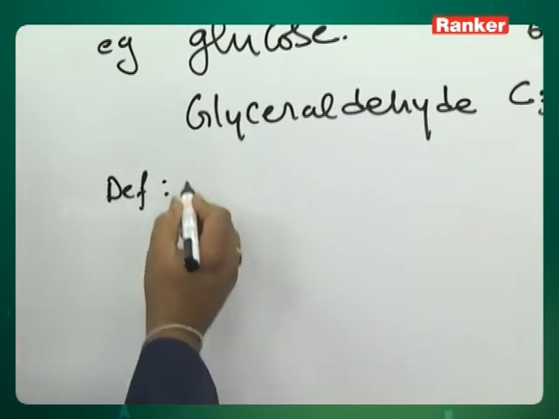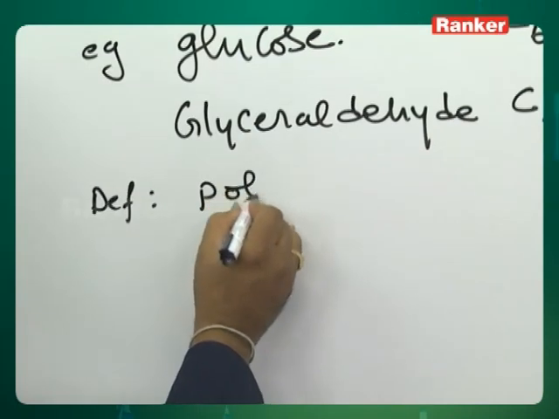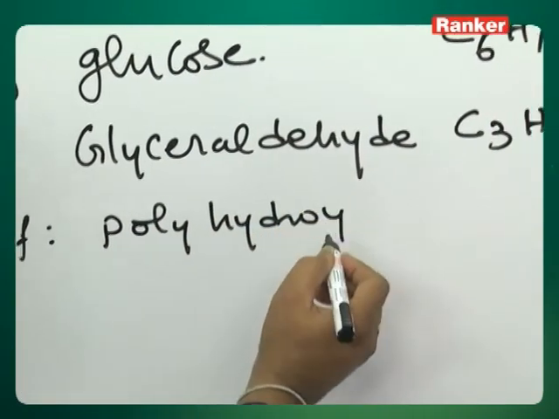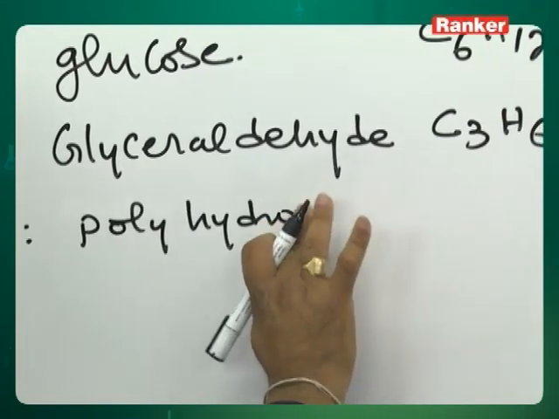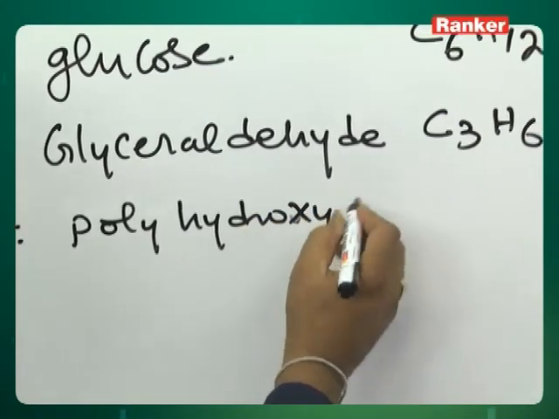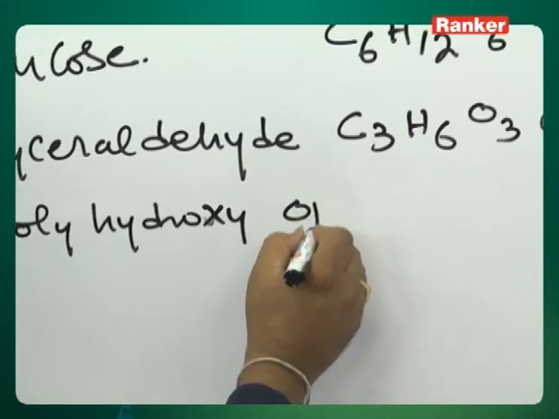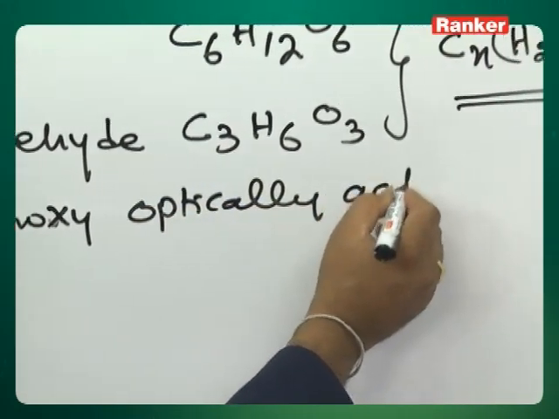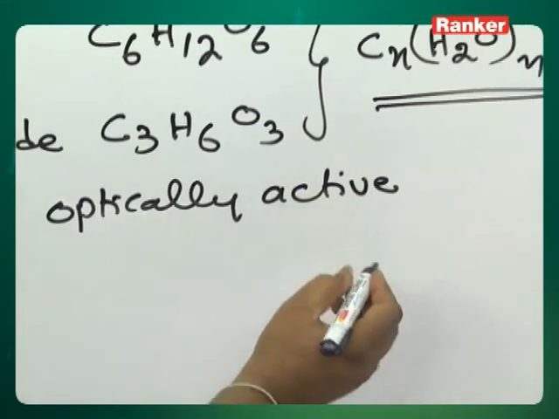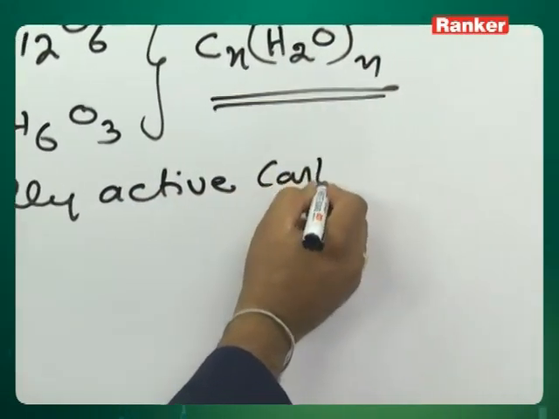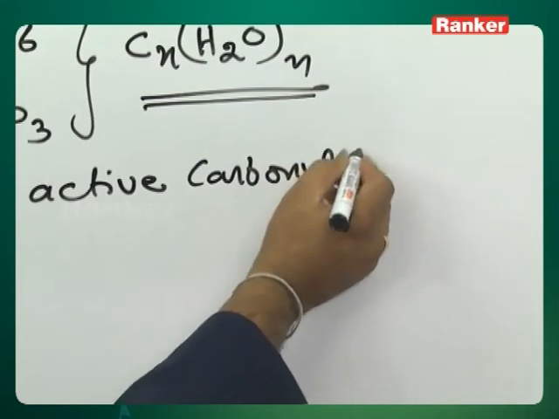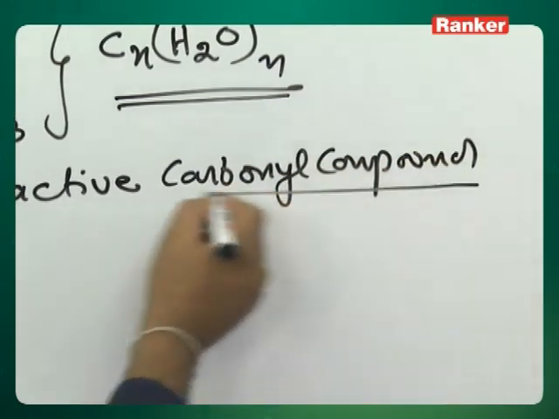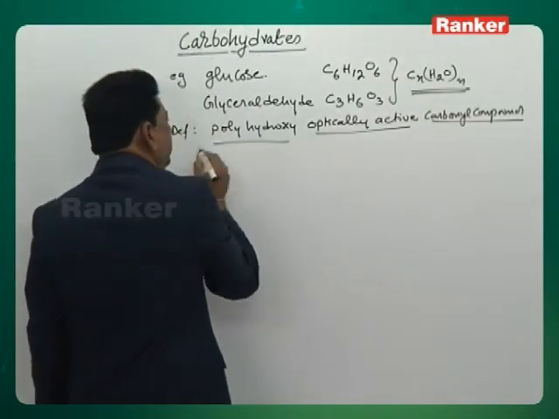The modern definition is that they are polyhydroxy, optically active carbonyl compounds. So there are 3 points we are defining.